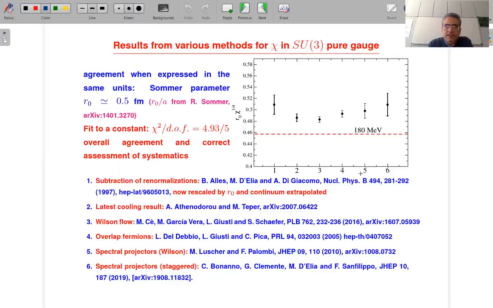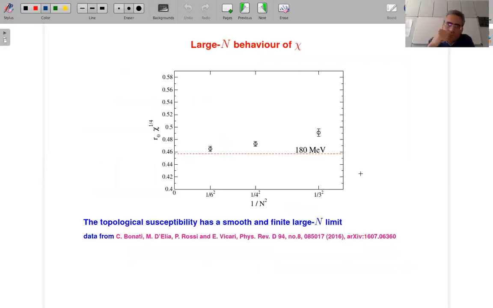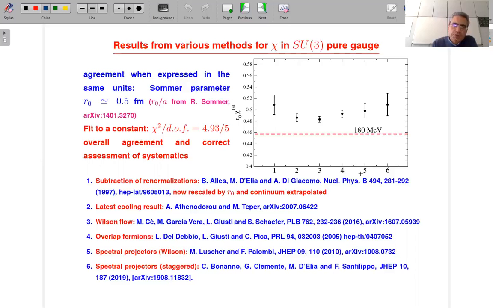Now, the results that I showed you are for SU(3) pure gauge theory, and if we go back to the Witten-Veneziano mechanism for the mass of the eta prime meson, they basically confirm this scenario.